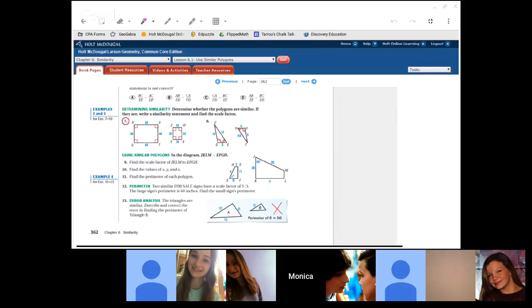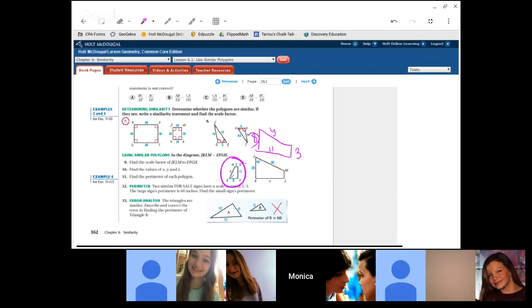If we take this smaller figure and turn it, then we'll have the same figure as this one, just smaller. So it would be 8, 11, 3. This side's listed as Y.